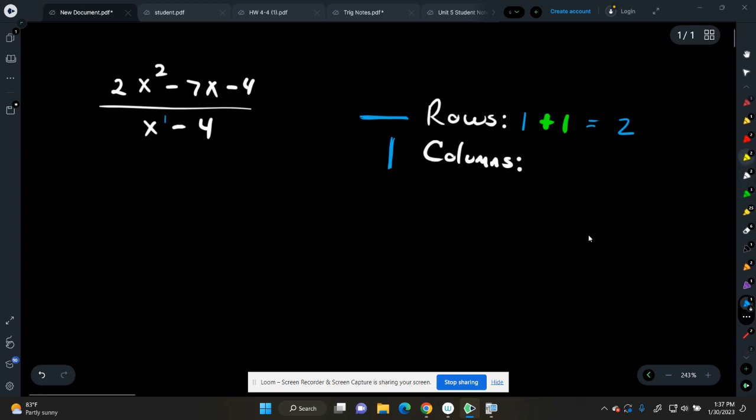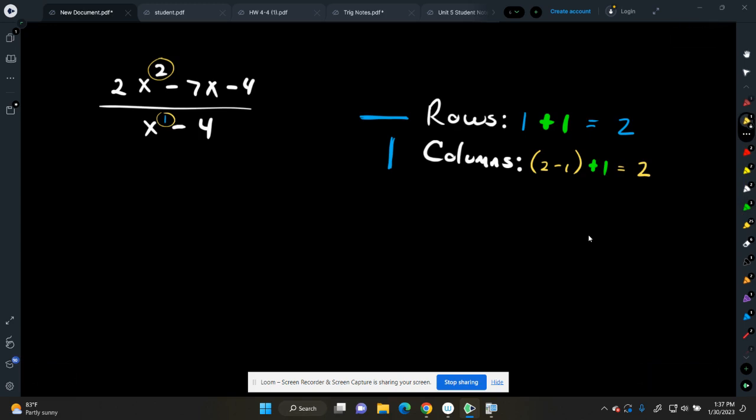We're going to take the highest exponent on top, which is a 2, and we're going to subtract the bottom, so 2 minus 1. And then just like with the rows, we add 1. So 2 minus 1 plus 1 is 2. Now, all 4 problems that you did for homework are like that.